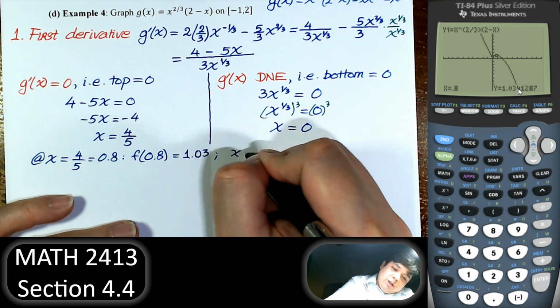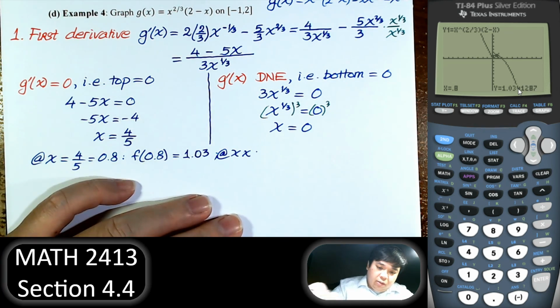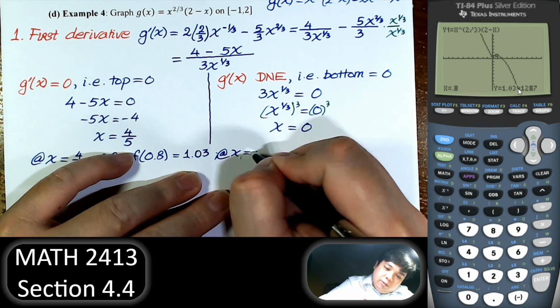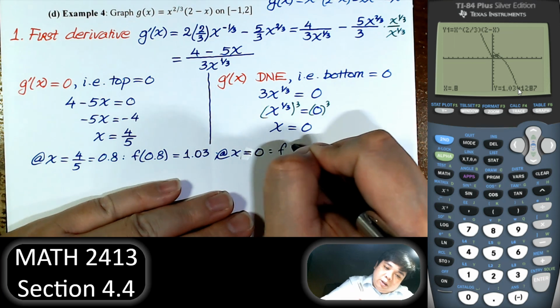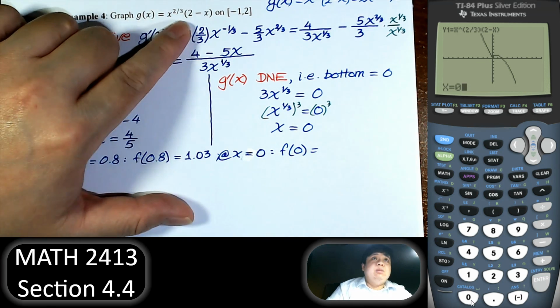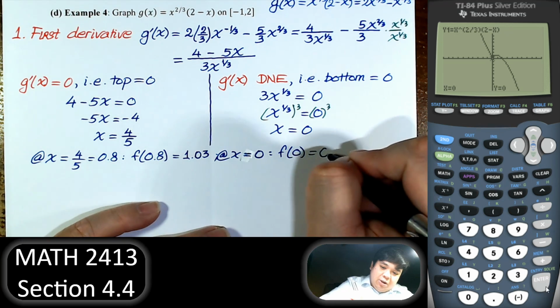And when x equal to 0, we did that earlier, and that is 0. Yeah, put 0 on here. That should be 0. So that is the first derivative.